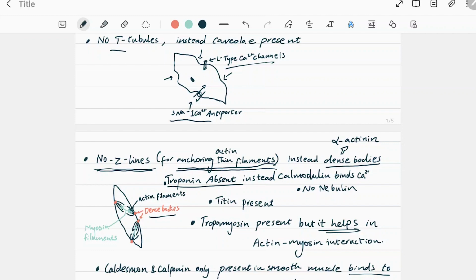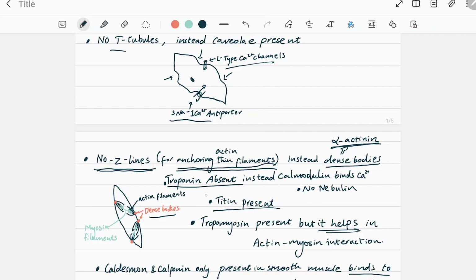And they contain alpha-actinin. So these dense bodies, drawn in red, from which the thin filaments come out, the actin comes out, are composed of alpha-actinin. And myosin, you can see in green, is suspended in between these thin filaments, and titin is present to help in organization of all of this. And there is no troponin.